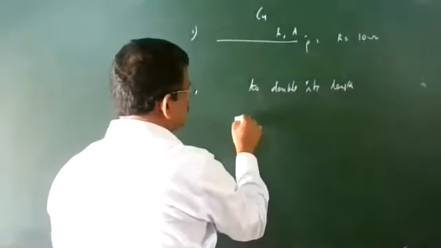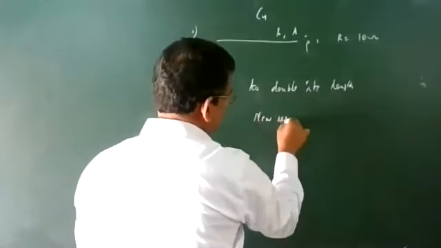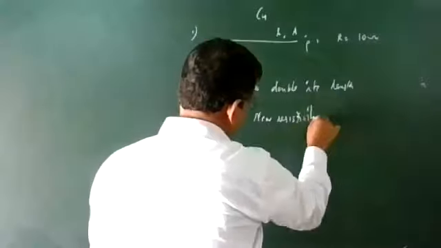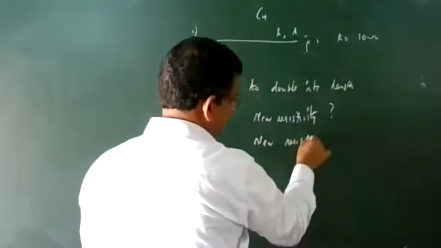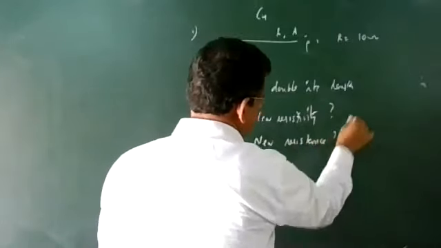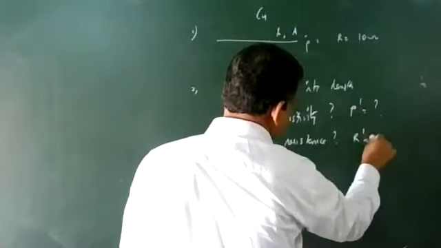What will be the new resistivity and new resistance, rho dash and R dash?